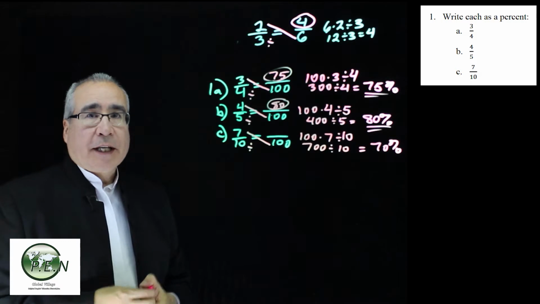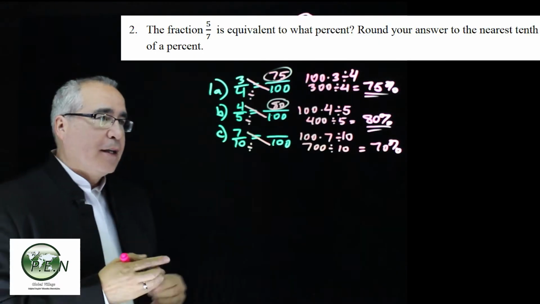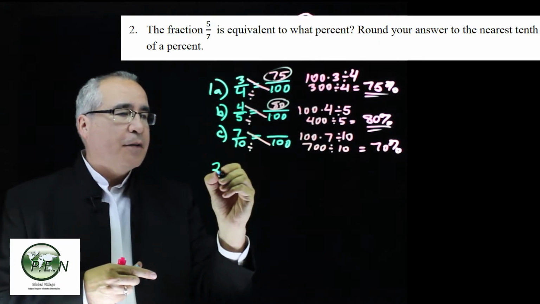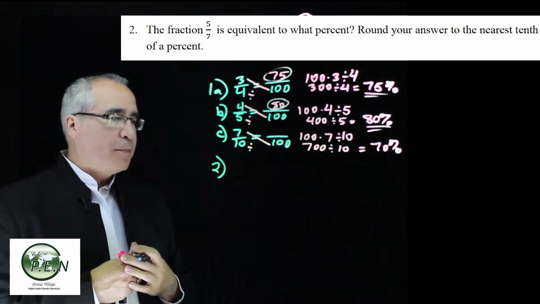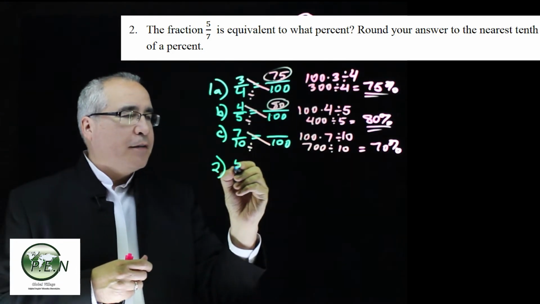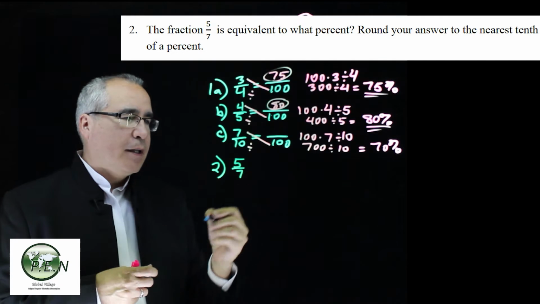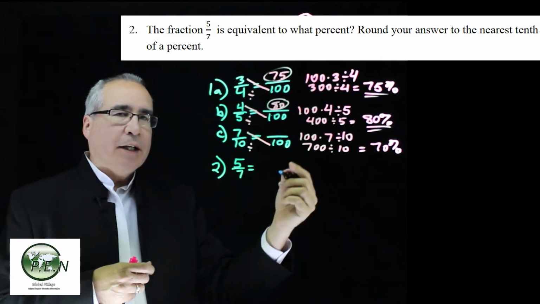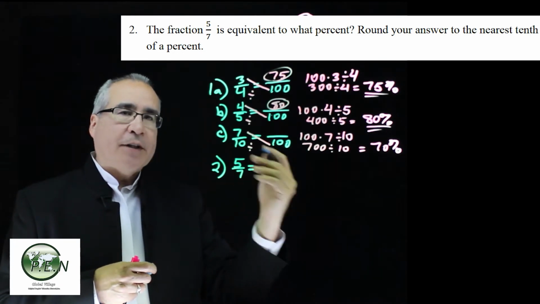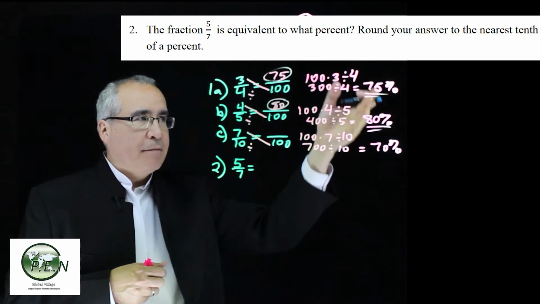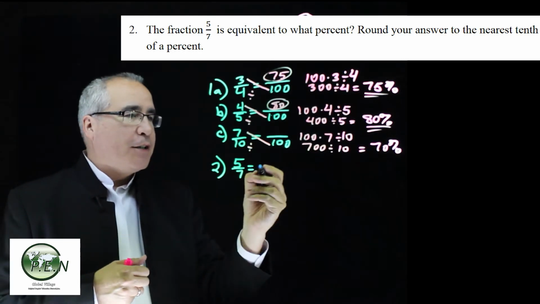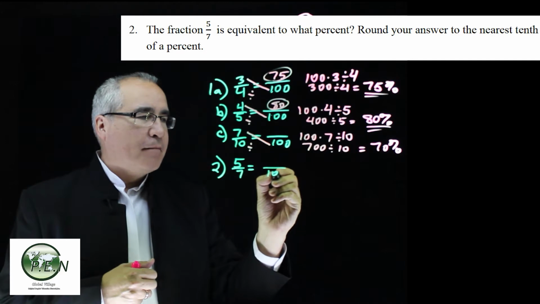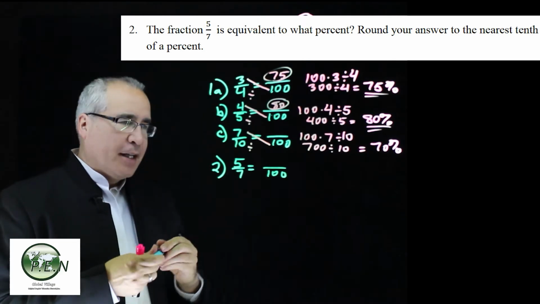So let's take a look at 2, 3, and 4. Question 2 is a little bit shorter because they only give us one part, but they give us the fraction 5/7. And we're going to see here we start getting answers that have decimal parts to them. They're not nice whole percentages, but they're not that bad either.